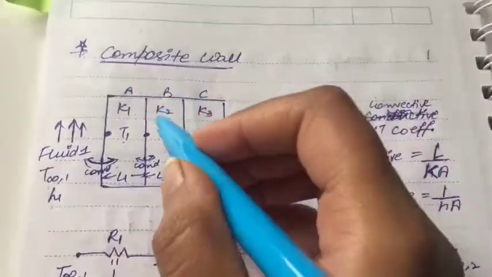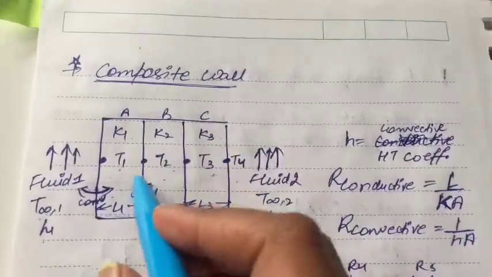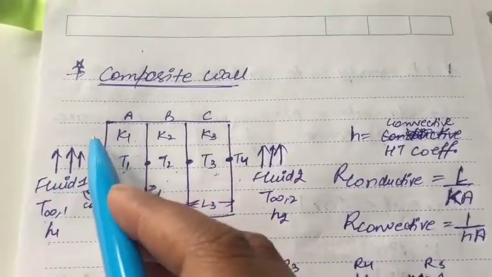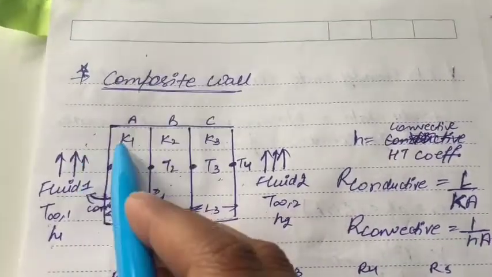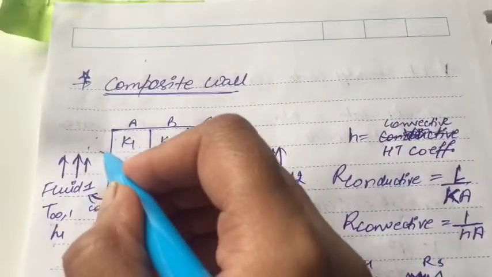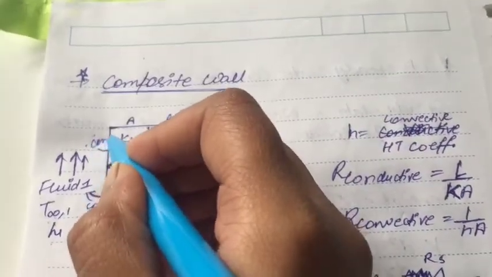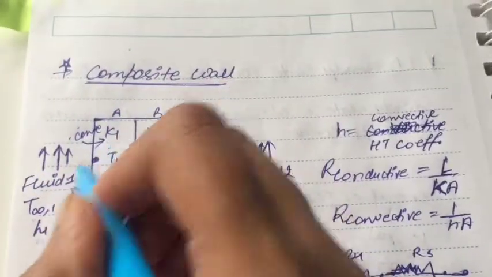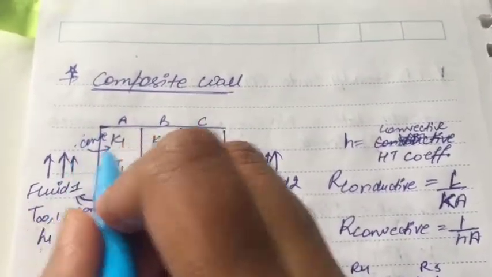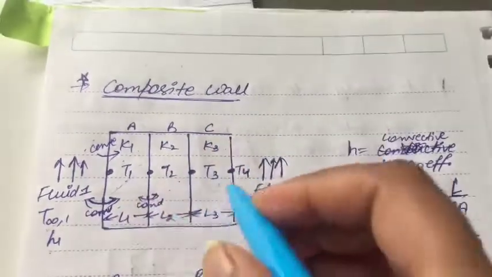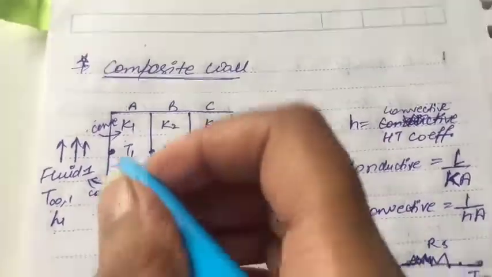As you can see from the diagram, between the fluid and the surface, convection is taking place, as we know that convection is heat transfer between two media.